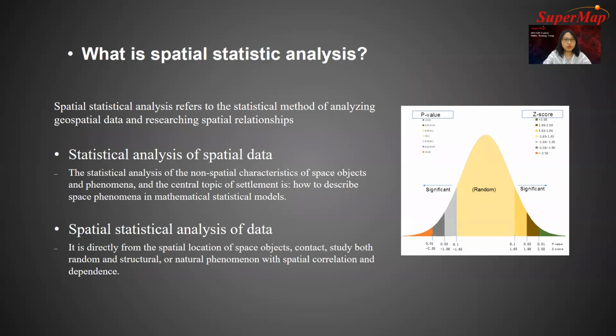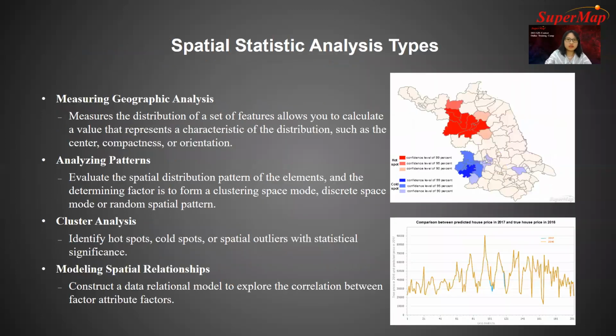And the other one is spatial statistical analysis of data. It directly studies, from the spatial location of spatial objects, both random and structural or natural phenomena with spatial correlation and dependence. So let's take a look at the types of spatial statistic analysis so you can better understand what that means.